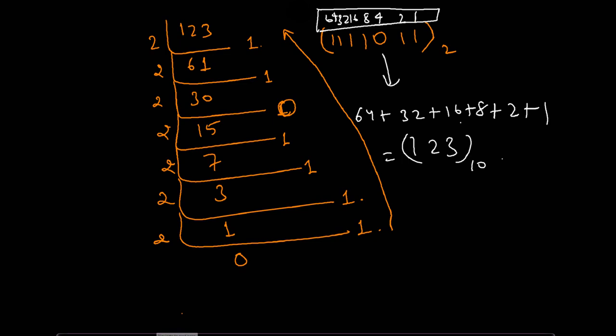Let's take another example. Convert 327 decimal into binary. So how will you do it?